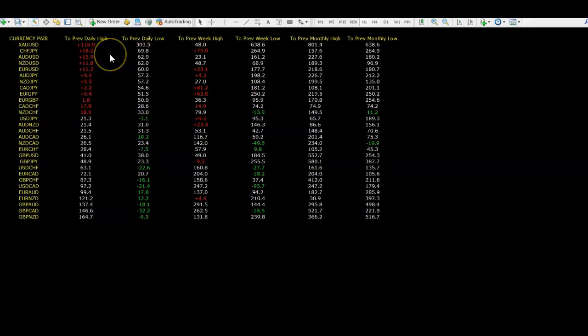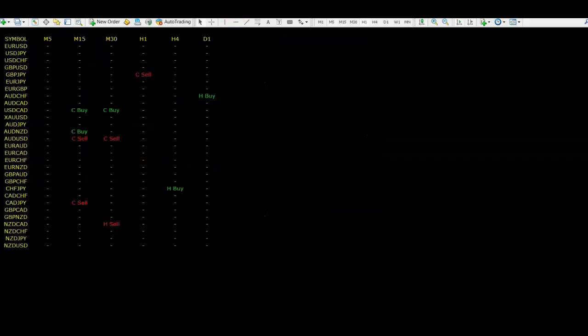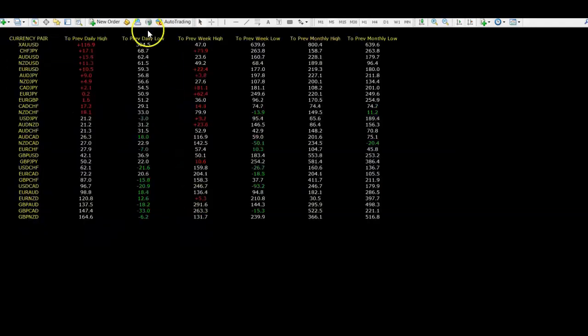If you're intraday trading, you can use it in conjunction with the MacD dashboard to look for perfect signals, like I've just shown you two here. They're happening now on the Aussie USD and the USD CAD. So two very, very powerful indicators. It saves you a lot of time and will bag you a lot of pips.